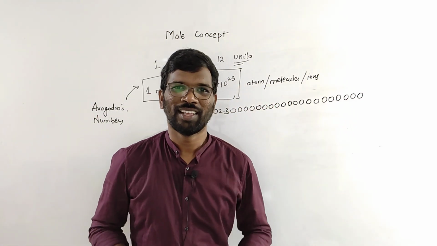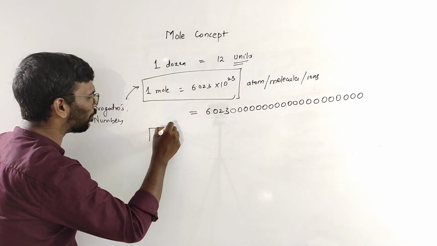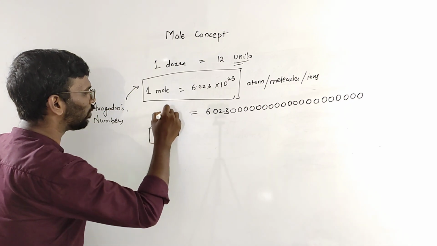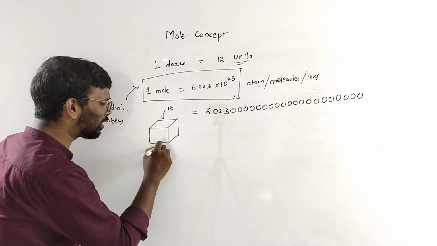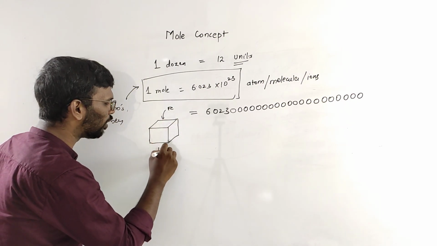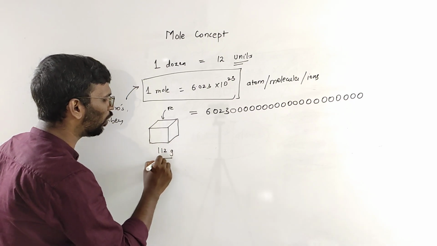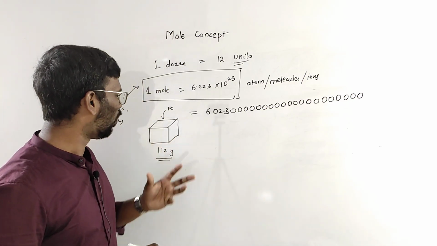The reason is, I'll give you a small block of iron. Let's say this is a small block of pure Fe. This is iron. The weight of this iron, let's consider, is 112 gram. This block weighs 112 gram.